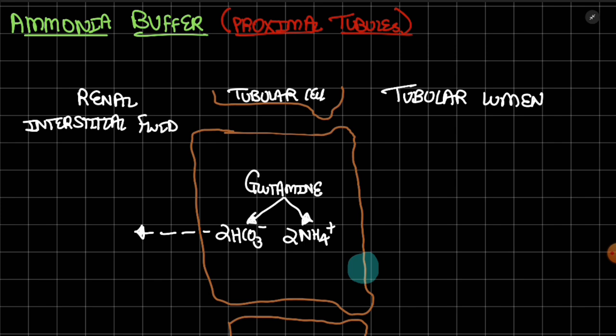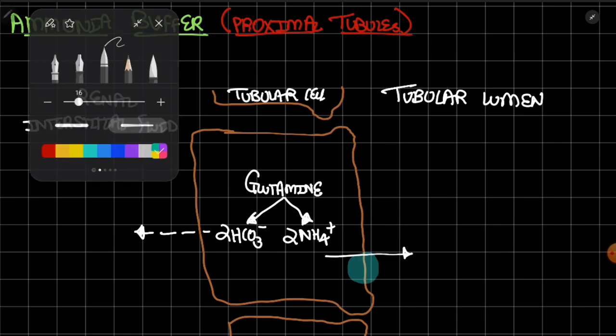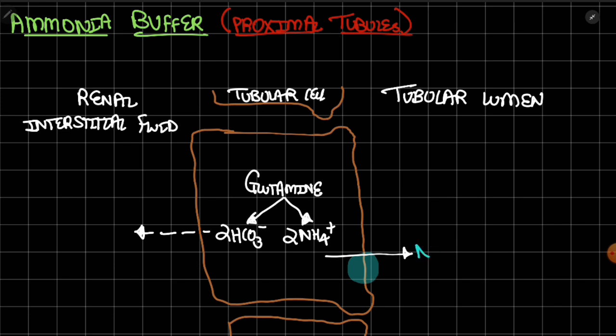So one NH4 plus goes out of the lumen and one Na plus comes in. Now from where will this NH4 come? Basically this NH4 will be excreted.